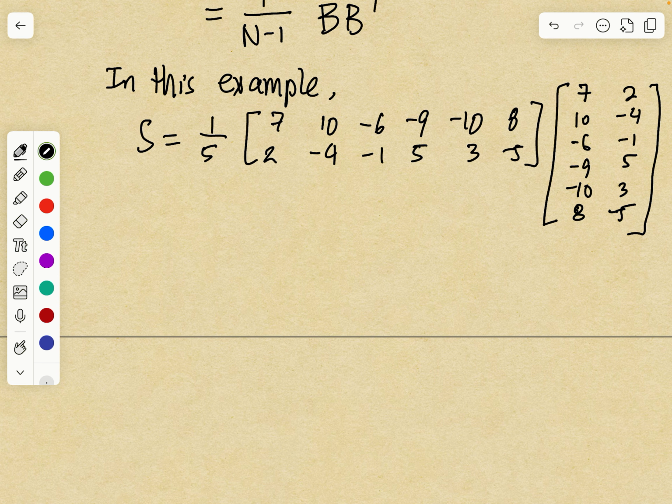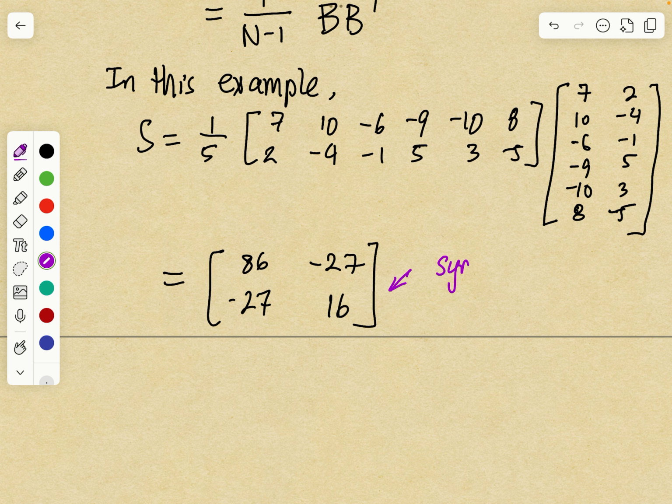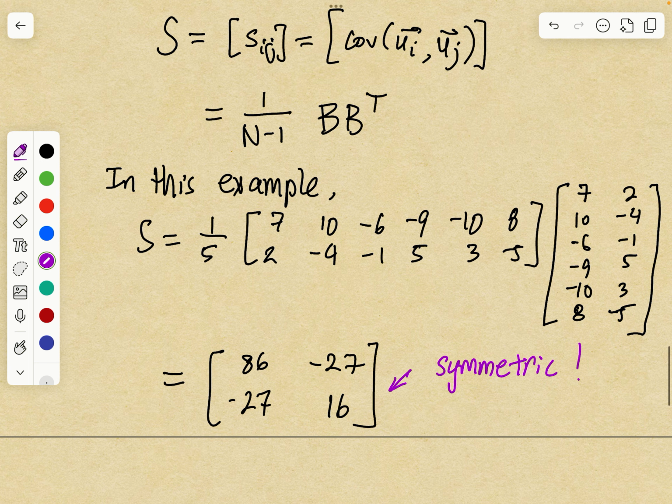When I do that, I get this matrix: 86, negative 27, negative 27, 16. Now notice, this is a symmetric matrix, and in general, this is going to be a symmetric matrix.